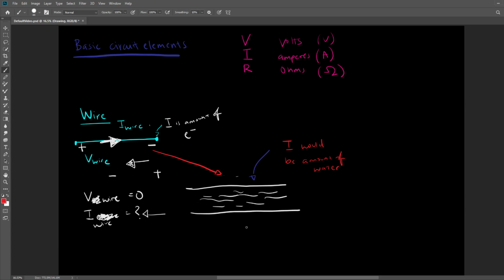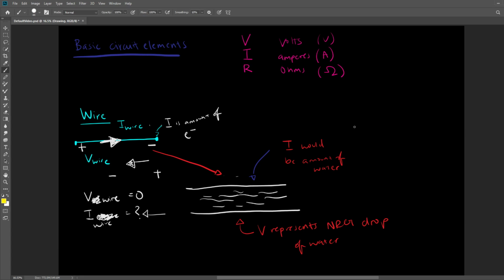No. However, if we added obstacles, or height drops, then there would be a difference in the energy of this water, which is represented by V. So V represents energy of the water, or energy drop. Because this wire, or this river, doesn't have anything else in it, there's no energy drop in the water. This is also a very weird analogy, but in my mind, it makes sense.